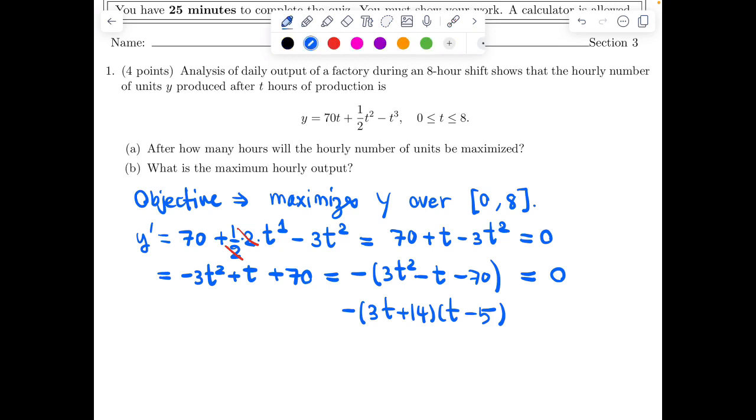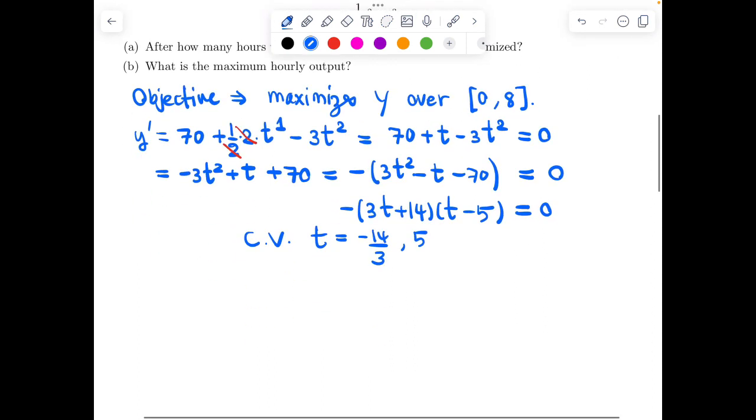So the first factor gives us t equal to minus 14 over 3. The second factor gives us 5. But we can drop the first one because it is outside this interval from 0 to 8.